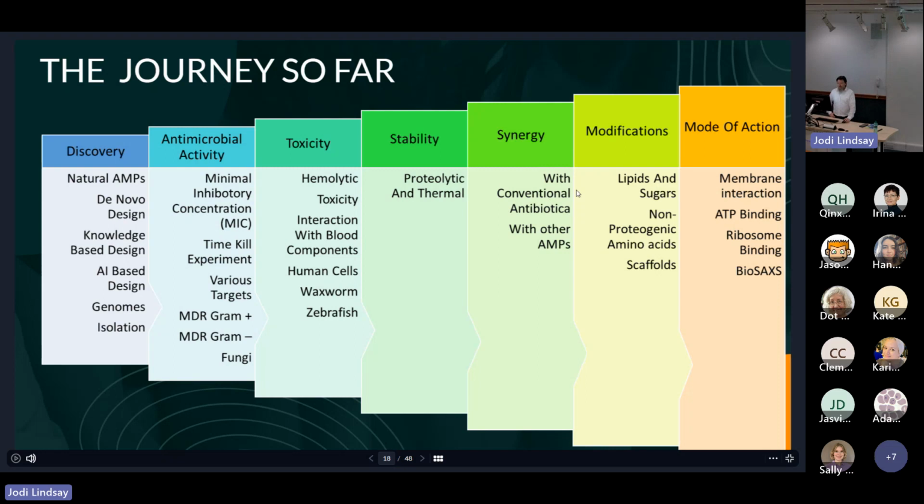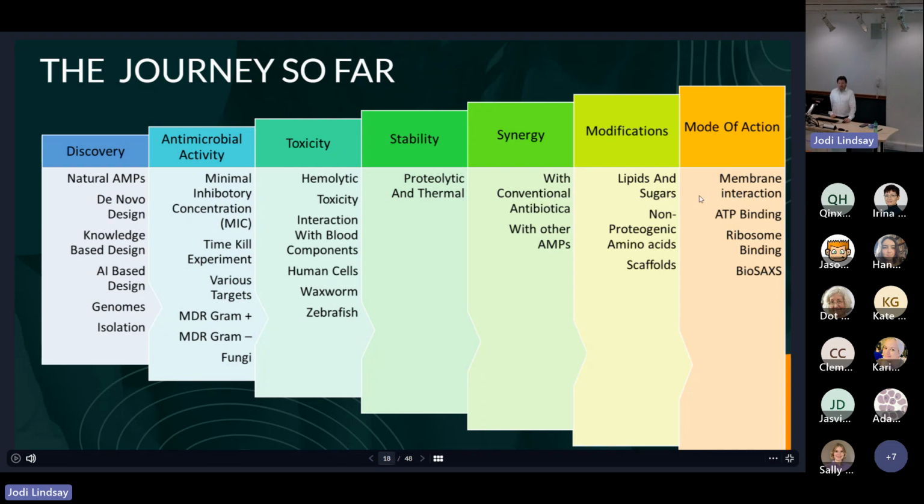Synergy is quite an interesting point, because you can actually revive old antibiotics that don't work anymore. And if you add the right peptides, they can actually do work, which opens up a new avenue. Modifications are lipids and sugars. We tried that, it worked.